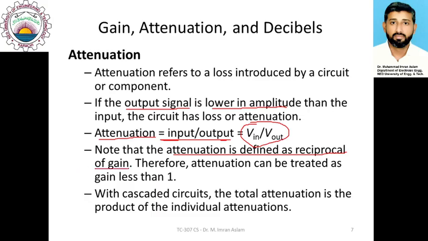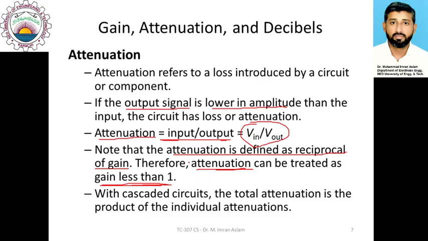If a gain is greater than 1, in that case it's actually referring to amplification. But wherever we get a gain which is less than 1, that is actually referred to as attenuation, because in that case the output power would be smaller than the input power.